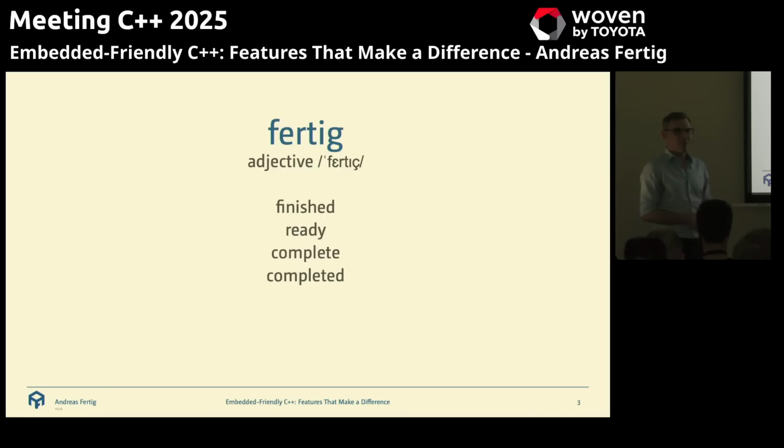So you can ask somebody whether they are ready, and you can ask somebody whether they're completed, which also leaves a lot of room for people not really knowing what you're asking for if you're asking whether they are fertig. So maybe I'm already fertig with the talk, which means we all can go now, or hopefully the better choice for you, the talk is ready, so prepared and fertig to go. So the latter is the case, which is good.